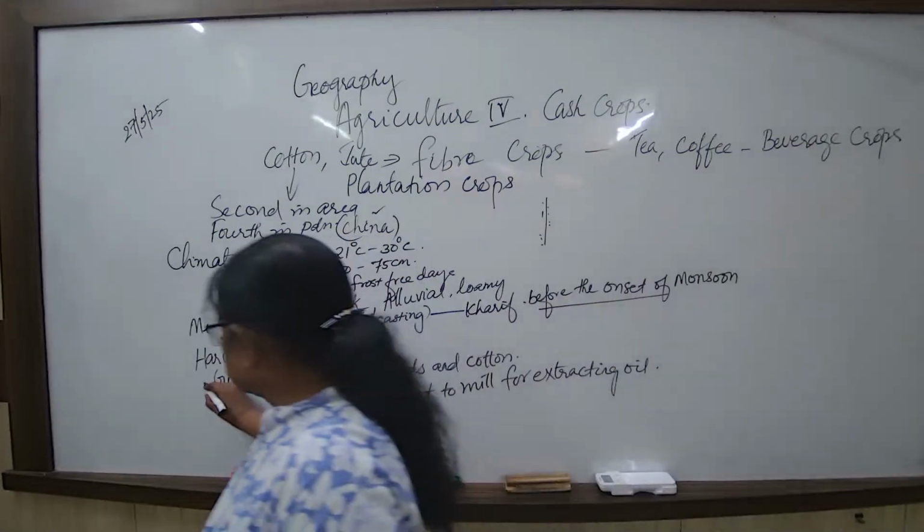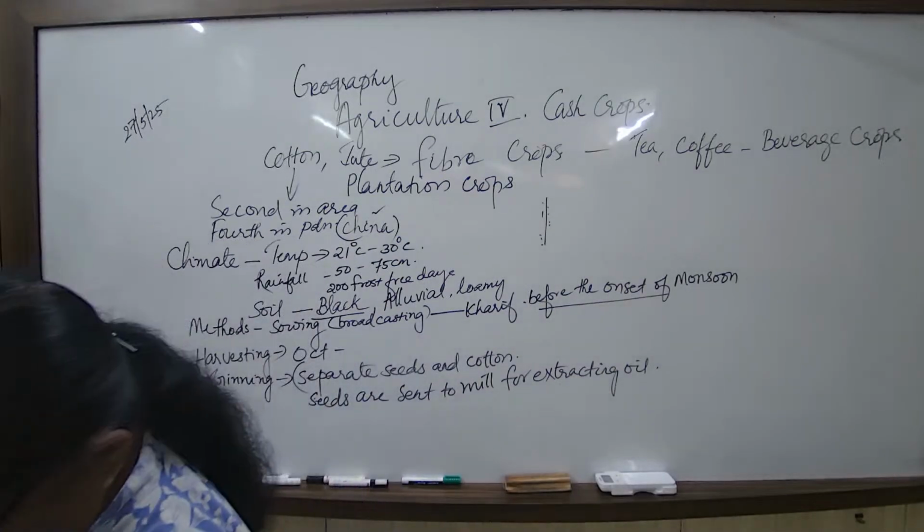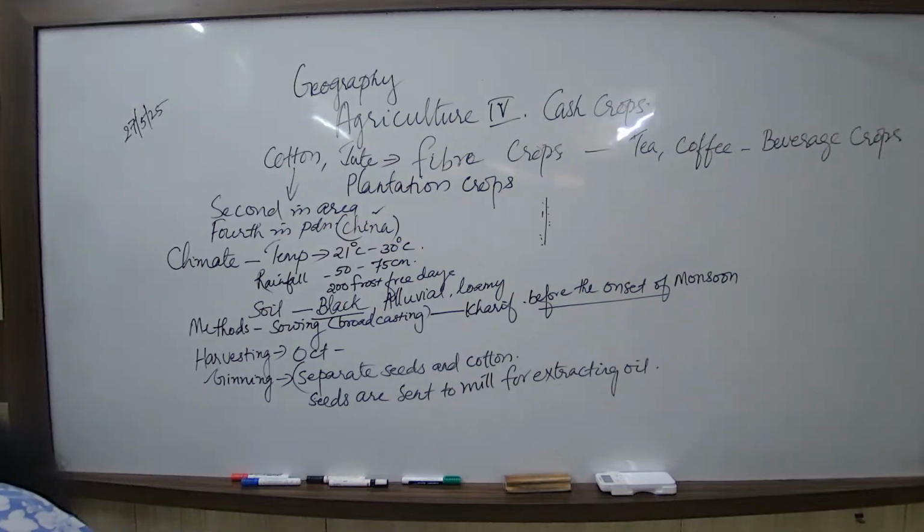So you understood the ginning process. Now after ginning, what happened? The cotton lint itself is baled to transfer to the manufacturing region.